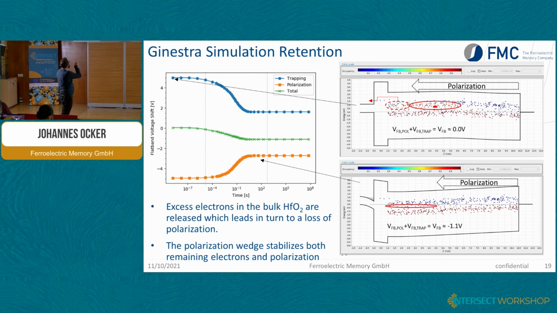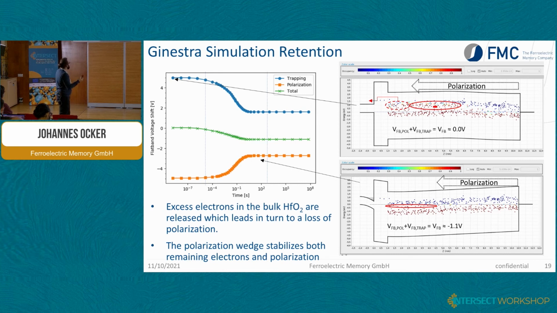So this is now the flat band voltage, with a constant shift in between. Within the Ginestra simulation we can distinguish the flat band voltage from the trapping and the flat band voltage from the polarization.